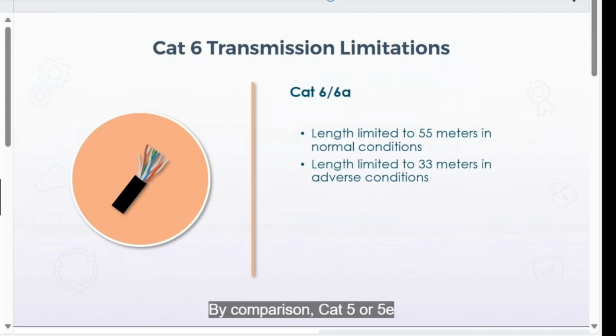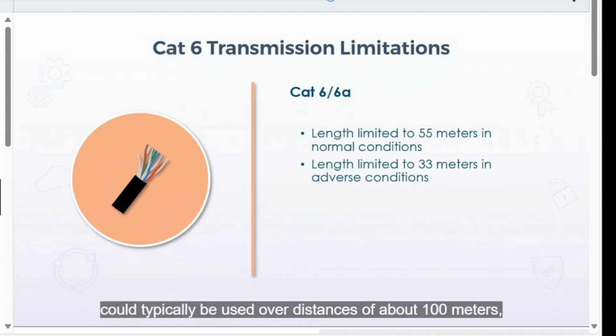By comparison, Cat 5 or 5E could typically be used over distances of about 100 meters, but again, the improvements to the speed and the reliability for Cat 6 and 6A certainly make it a more viable choice in almost all of today's environments.